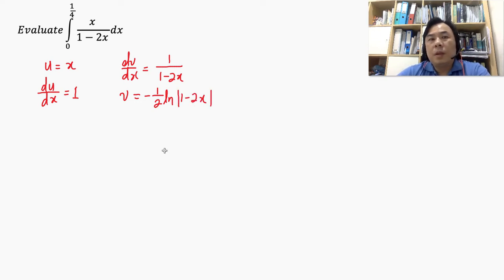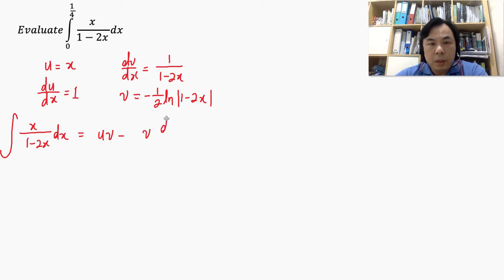Okay. And then I'm going to apply the integration by parts. Now at this point, I try not to substitute the lower boundary and upper boundary first. I will do that at the end. So this one here can be written as, based on the formula itself, uv subtract off the integral of v du dx, and then another dx integration.